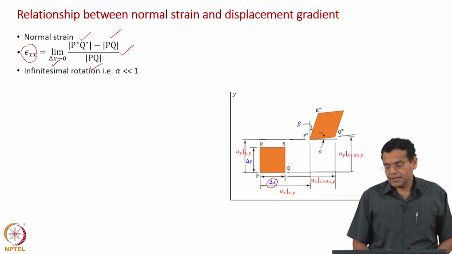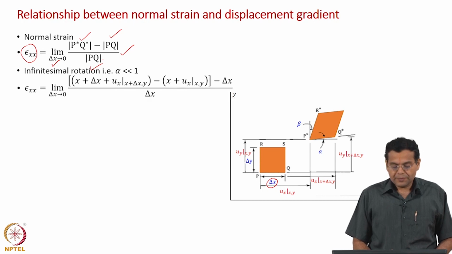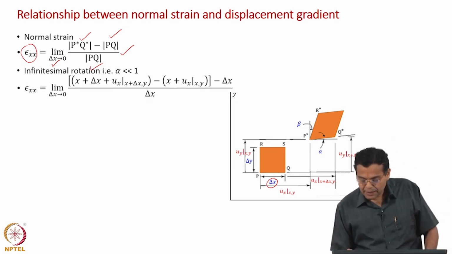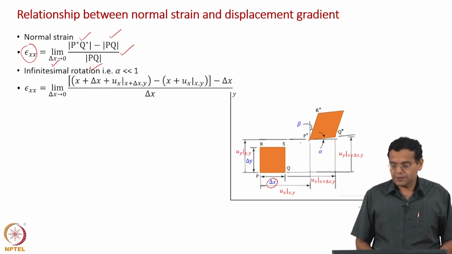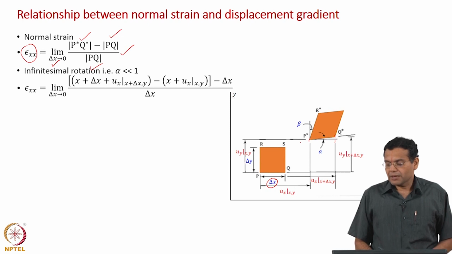Then we said we are going to assume infinitesimal rotation. So, we said the length of P star Q star is same as the projected length of P star Q star. So, length of P star Q star becomes the difference in the x coordinate of Q star and then P star.